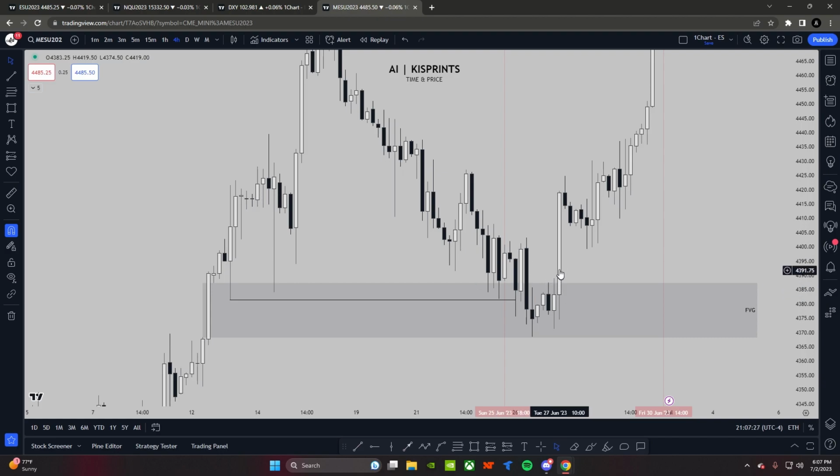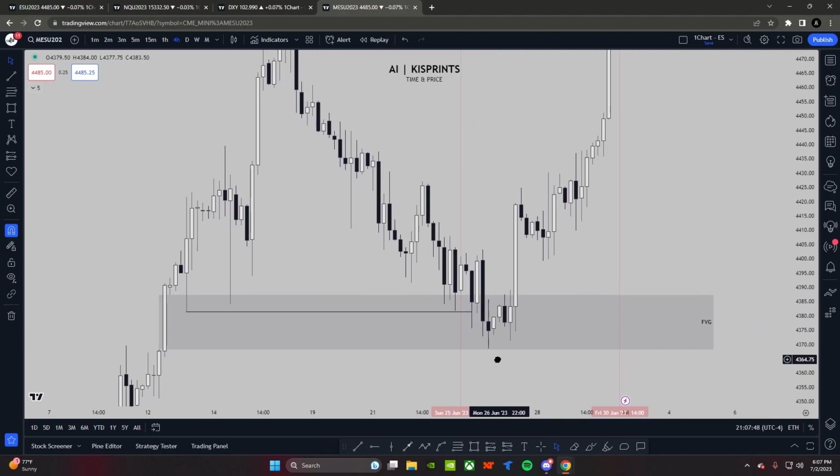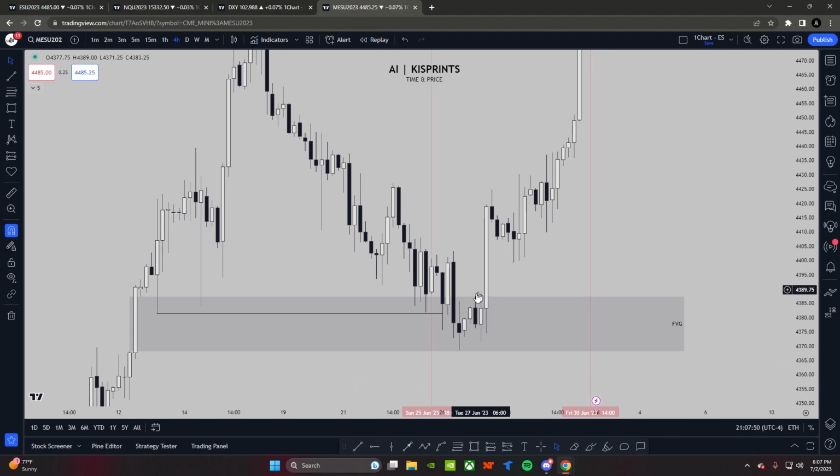You would want to see a candle like this. You would want to see energy behind the candle, not just a little poke above. Once you get displacement above, these two candles would be an order block. But since we didn't get displacement, we headed lower to take even lower liquidity, eventually rebalancing, redelivering this fair value gap, and then eventually heading higher.